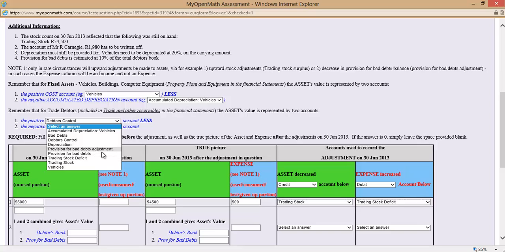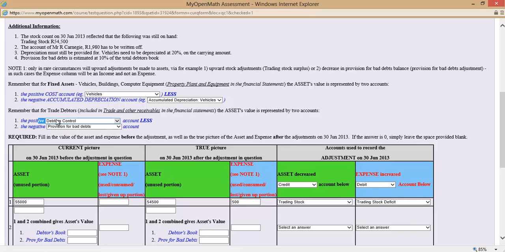That is a nominal account. It's the provision for bad debts account, and that is a negative asset as well. So here we're going to take the balance on the positive debtors control and subtract the balance, which will be on the credit side, of the negative provision for bad debts account, and together that will give us the value of debtors control.